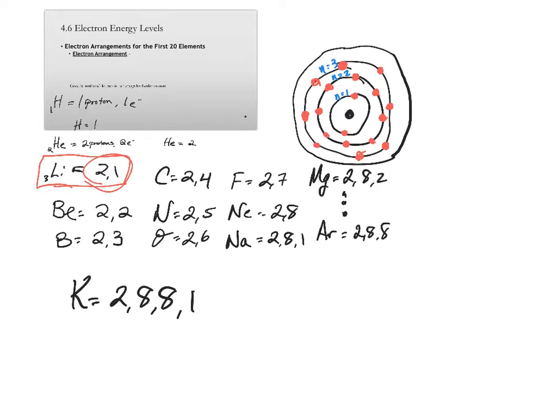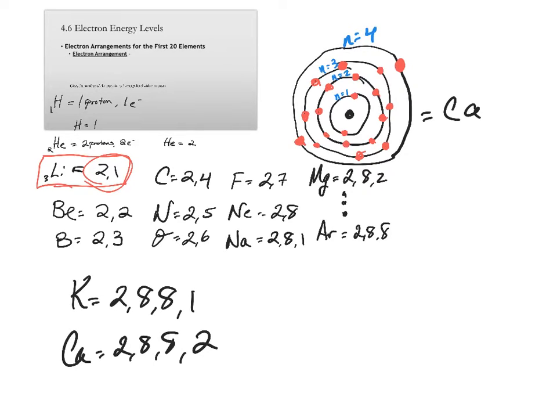And so you would write in potassium, and in that 4th energy level it would have 1 dot. And then finally, element 20, calcium, would be 2, 8, 8, and 2. And so you would put a second dot there, and you would write calcium.